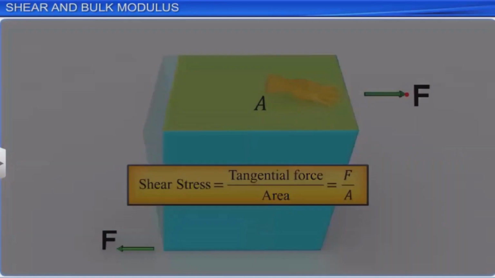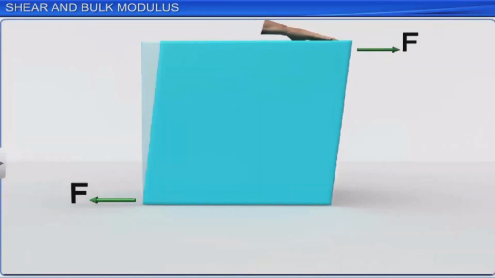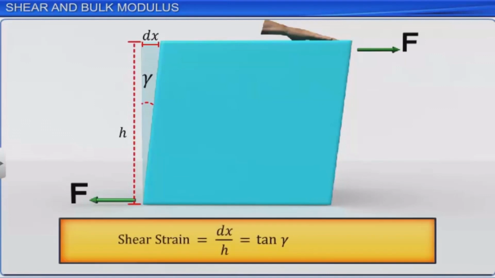When a tangential force is applied to the top surface of the body, the top surface is displaced laterally with respect to the bottom surface by a small length dx, and the edge perpendicular to these two faces rotates through a small angle gamma. Shear strain is defined as the ratio of the lateral displacement of the top layer of the solid with respect to its bottom layer, which is the ratio dx to h.